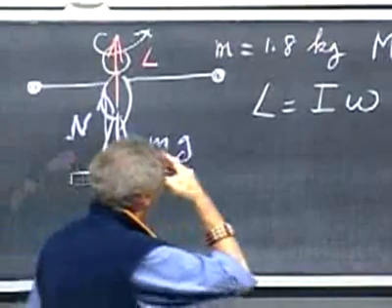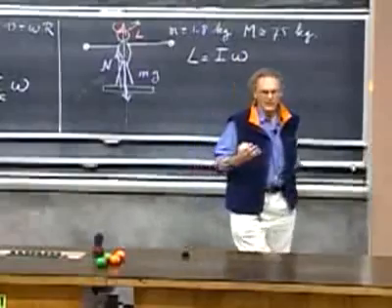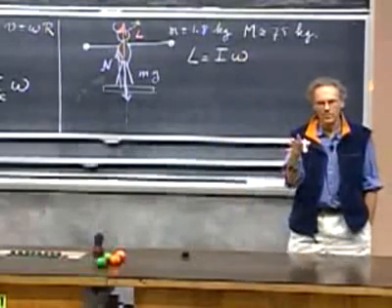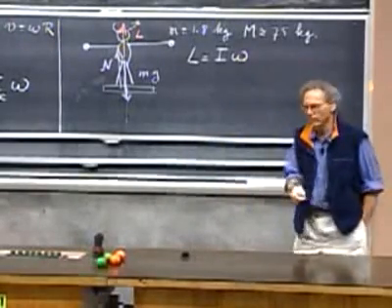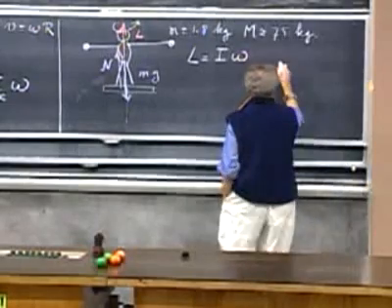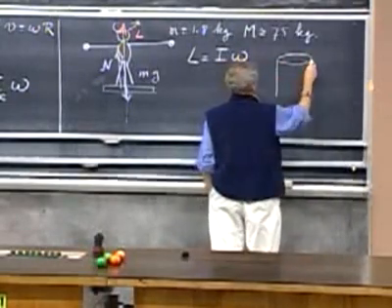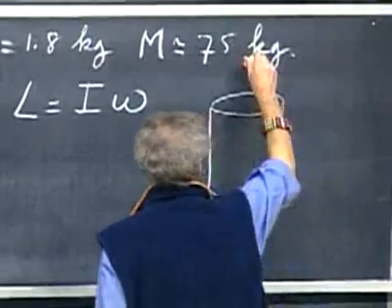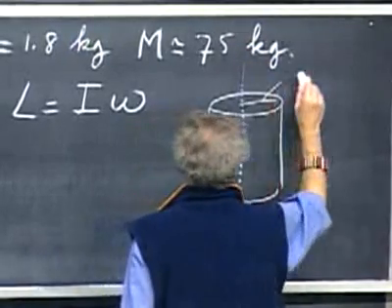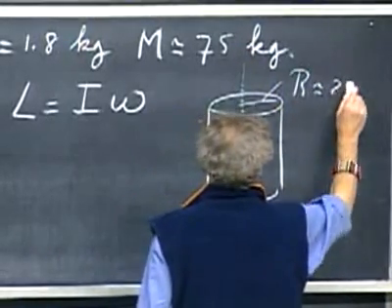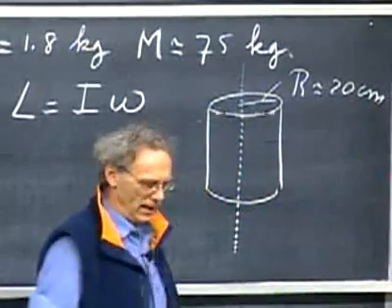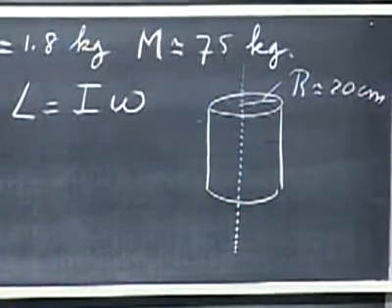I simplify my own body by a geometric object for which I can calculate the moment of inertia, which is a cylinder. I may not look like a cylinder, but close enough for all practical purposes. And this cylinder has a radius of about 20 centimeters. Not too bad. It sort of fits me.